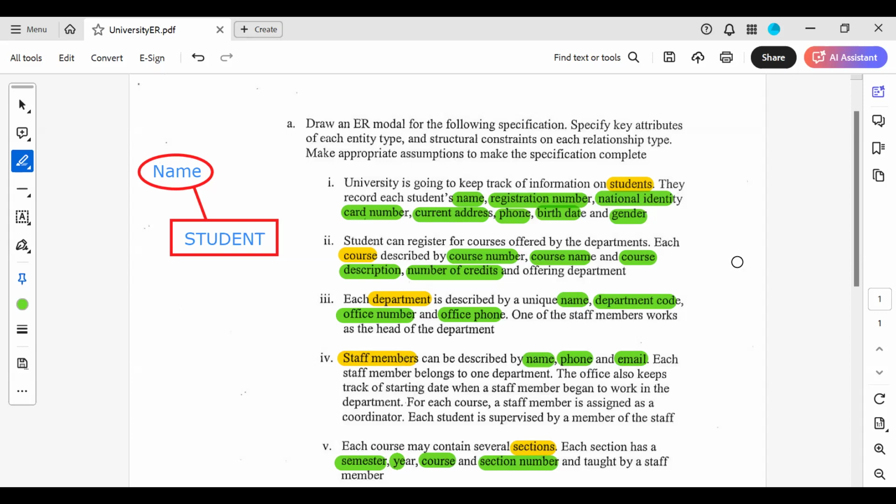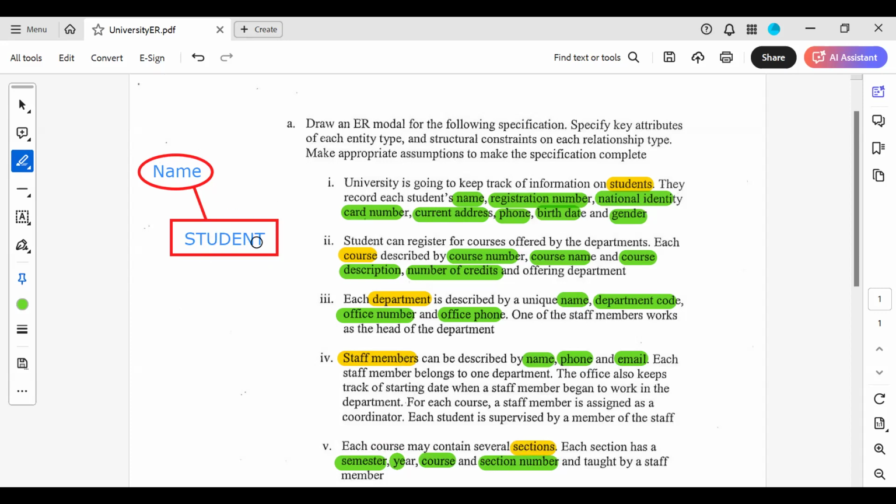Okay, so now we have identified five entity types and attributes. Can you try to draw this? You can take a paper and draw in a rectangle shape like this.